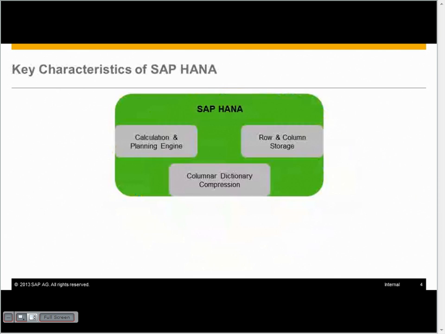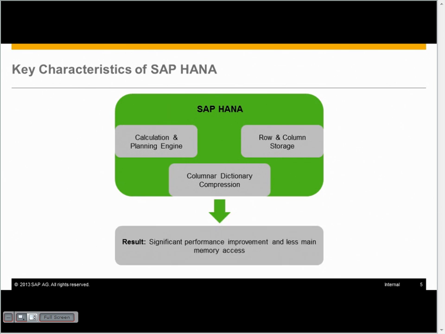With all that, the key characteristics of SAP HANA can be summarized into the calculation and planning engine, the row and the column storage of tables, and the columnar dictionary compression. All that together leads to a significant performance improvement and less main memory access.